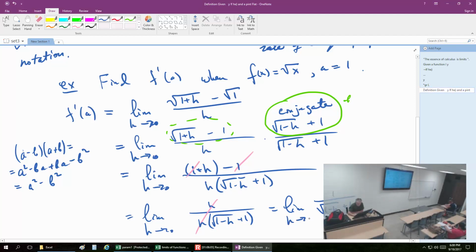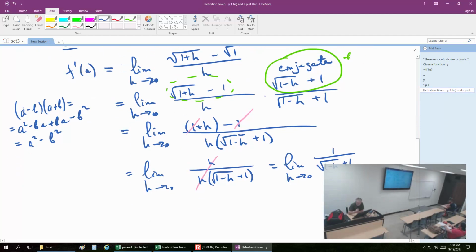Okay, what do I do now? Well, what I do now is observe that this is not an indeterminate expression anymore, because the numerator is simply 1. Where does the denominator go? h goes to 0. Where does this thing go? To 2. How do you know? If you can justify it.